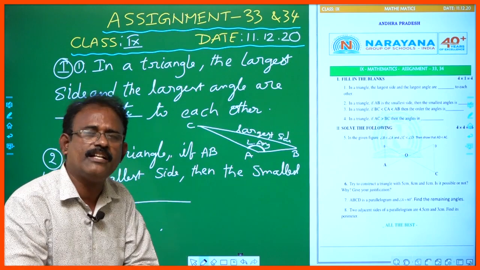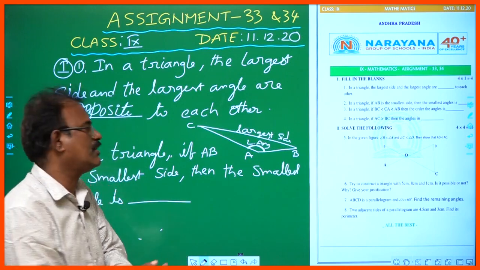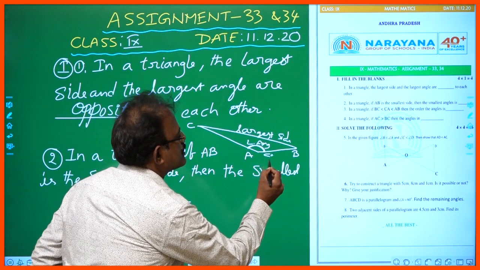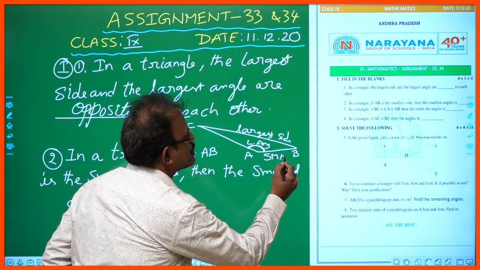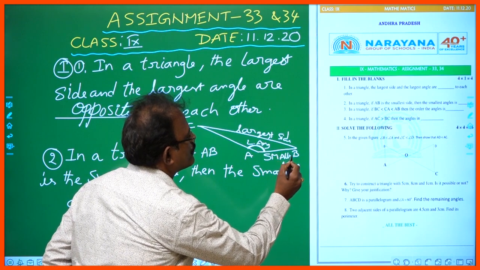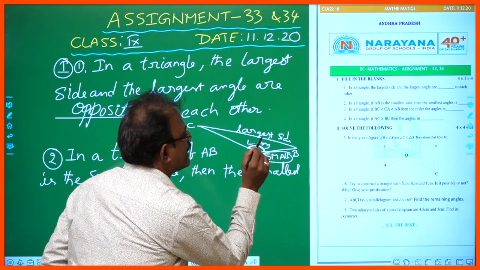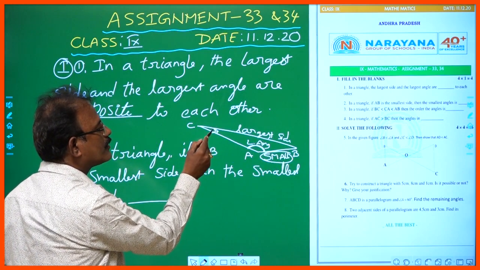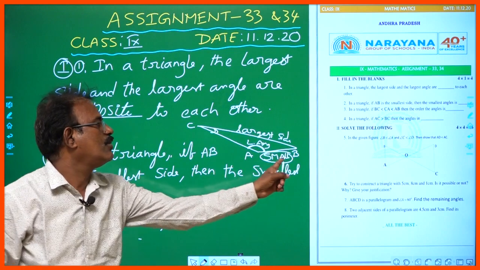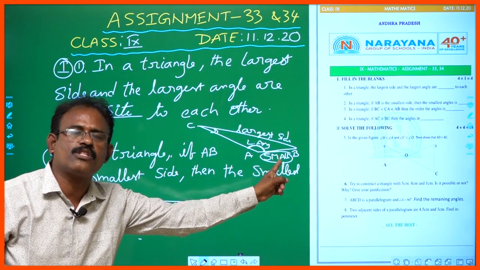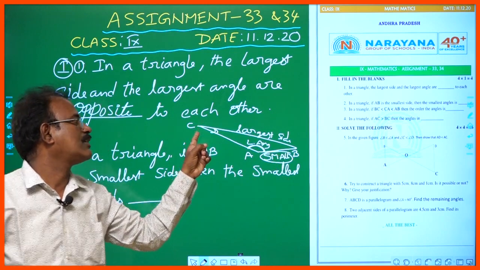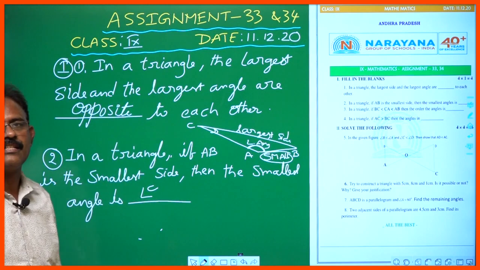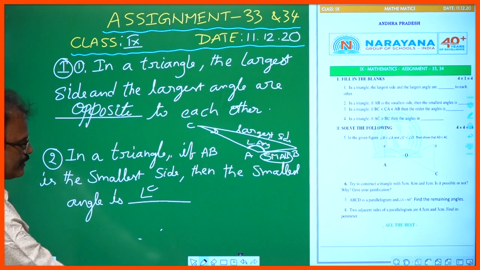Similarly, smallest side and smallest angle are also opposite to each other. In this question, if AB is the smallest, then the angle opposite to the smallest side is the smallest angle. So the angle opposite to the smallest side AB is what? Angle C.